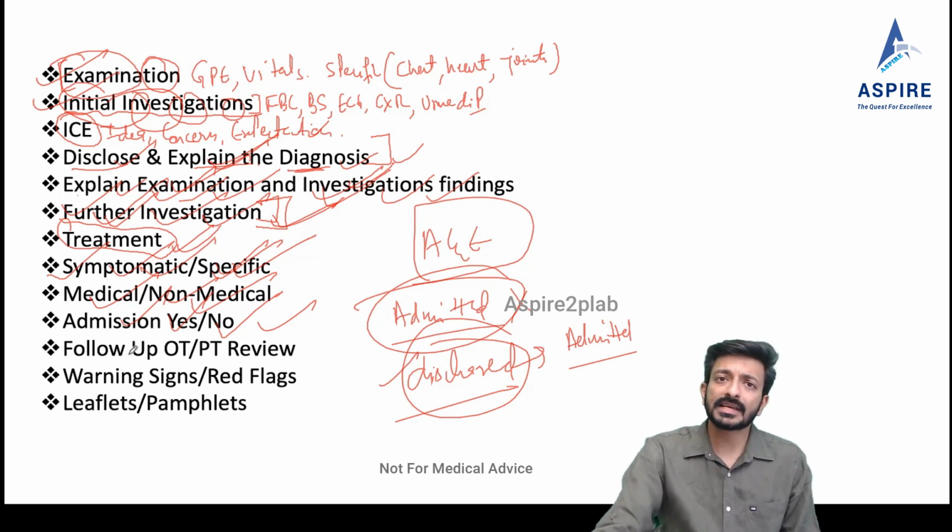And GMC says every management plan includes follow-up and warning sign. So don't miss the follow-up with the occupational therapist and physiotherapist as well. OTPT review, it's occupational therapist, like if you are having a case where you did the surgery, we need to see the occupational therapist, our colleagues.